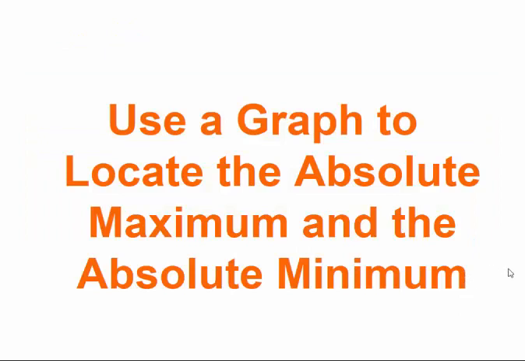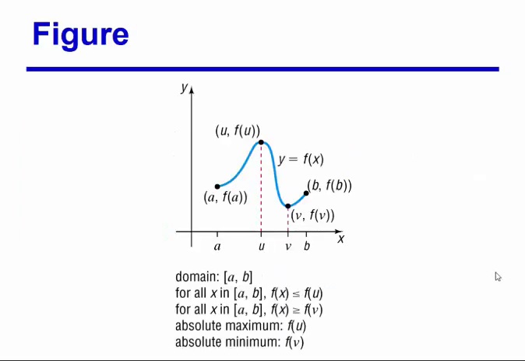We're going to use a graph to locate the absolute max and the absolute min. So here, the domain of this function is [a, b], and for all x in [a, b], f of x is less than or equal to f of u. And so here you can see a, f of a, u, f of u, and then here, of course, v, f of v, and b, f of b. Now, for all x in [a, b], f of x is greater than or equal to f of v.